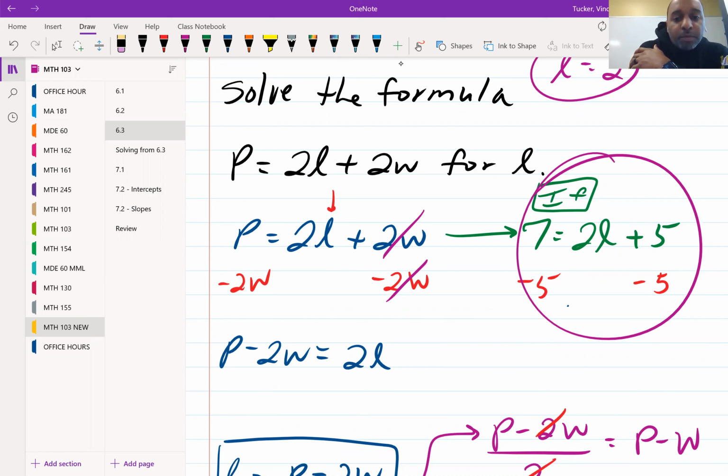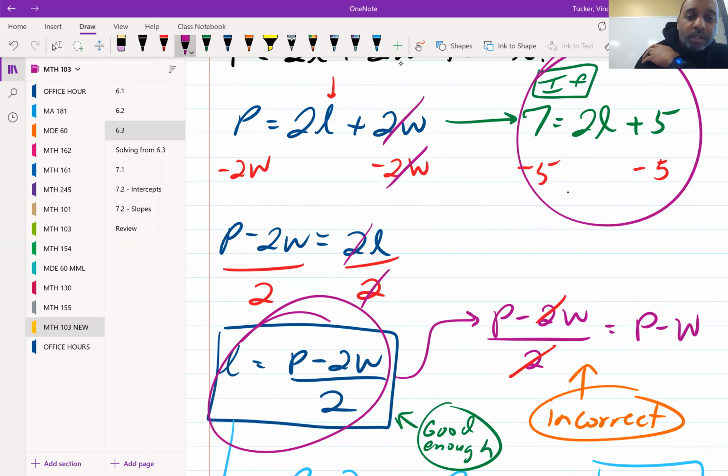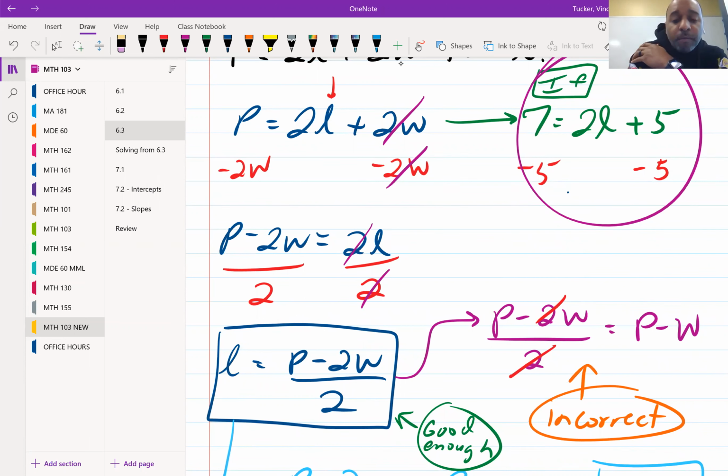I still need to move the 2 off of the L. But before we do that, any questions so far? Make sure we're okay. All right. So go ahead and divide both sides by 2, and that'll give us our answer, L equal to P minus 2W over 2.